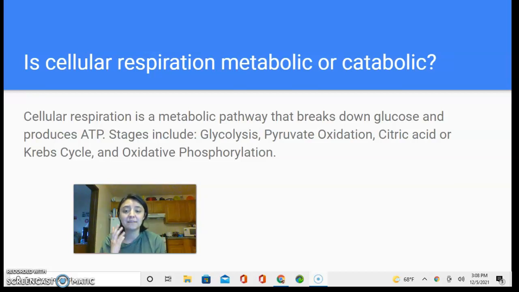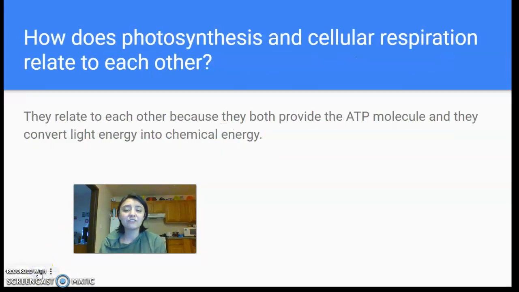And we can see here that it's a metabolic pathway and it breaks down glucose and produces ATP, which is what photosynthesis also produces. This one has 4 stages. Remember that, 4 stages.